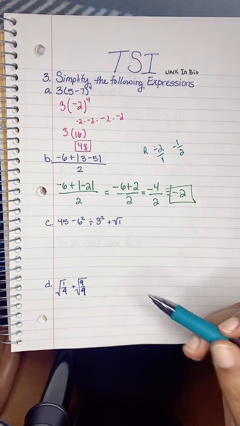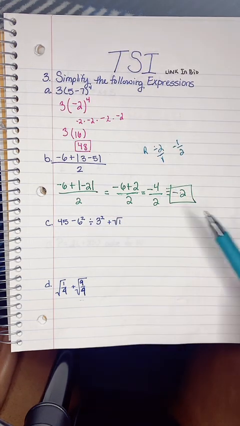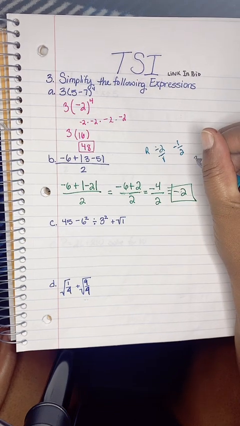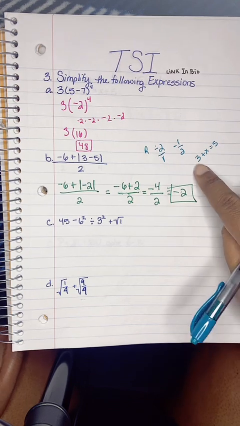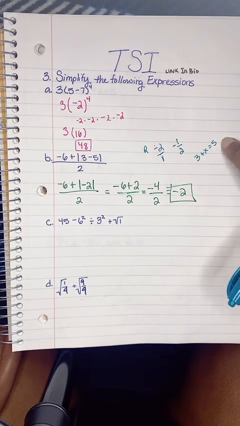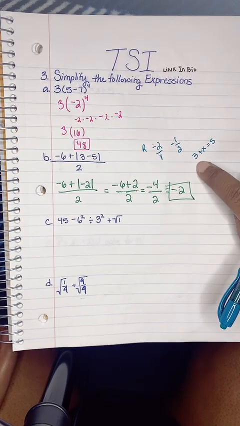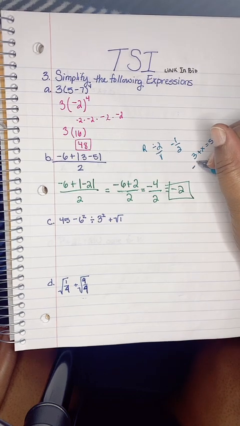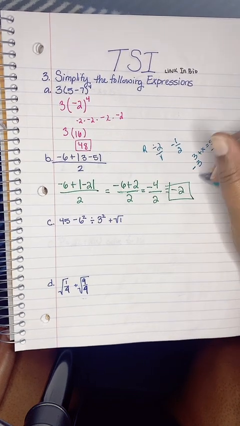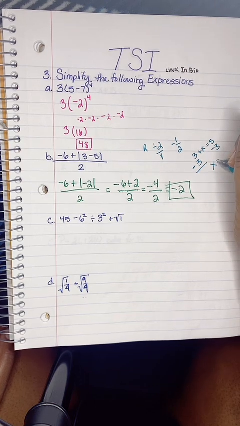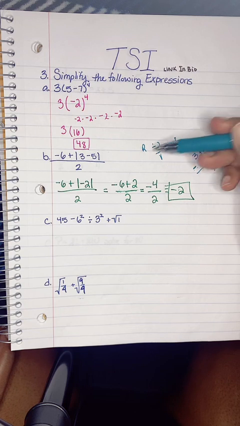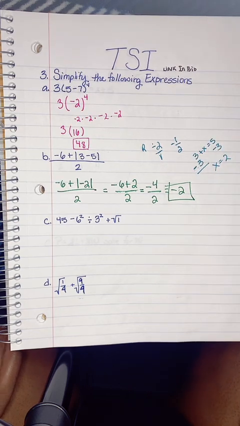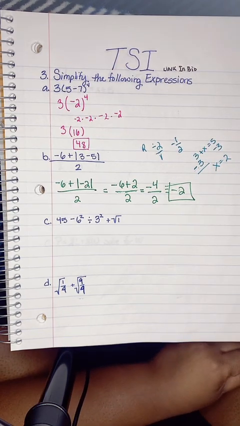Inverses are when you're talking about an equation. Like if I had 3 plus x equals 5, I have to move this 3 to the other side by doing the inverse, which is the opposite of addition, so I would subtract 3. So x would be 2. This is an inverse, and this is a reciprocal. Very different meanings.